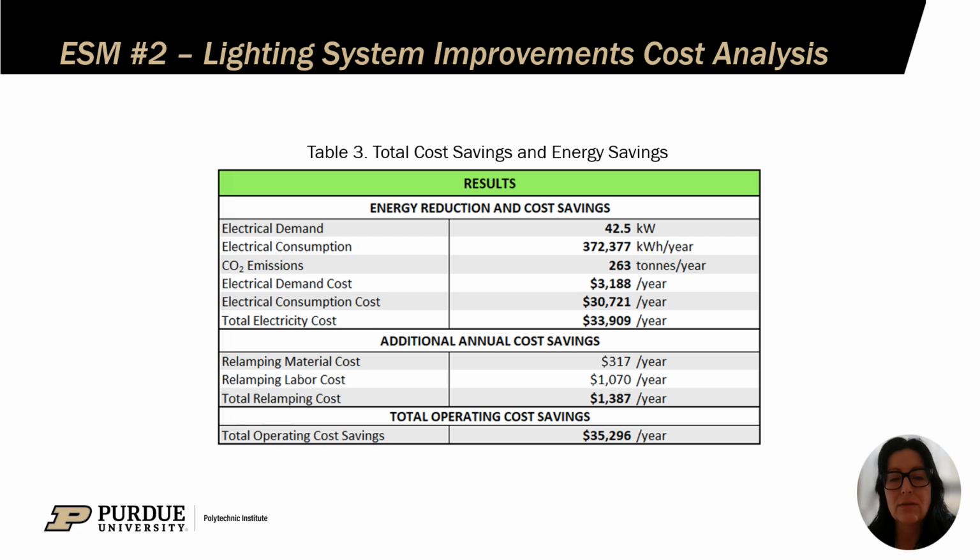In addition to those cost savings and reductions, the additional annual cost savings for relamping material costs and relamping labor costs total $1,387 per year. So that makes the total operating cost savings $35,296 per year, which, as mentioned earlier, is 27 months in simple payback. After the 27 months, the company will start seeing a profit of $35,296 per year for this project.